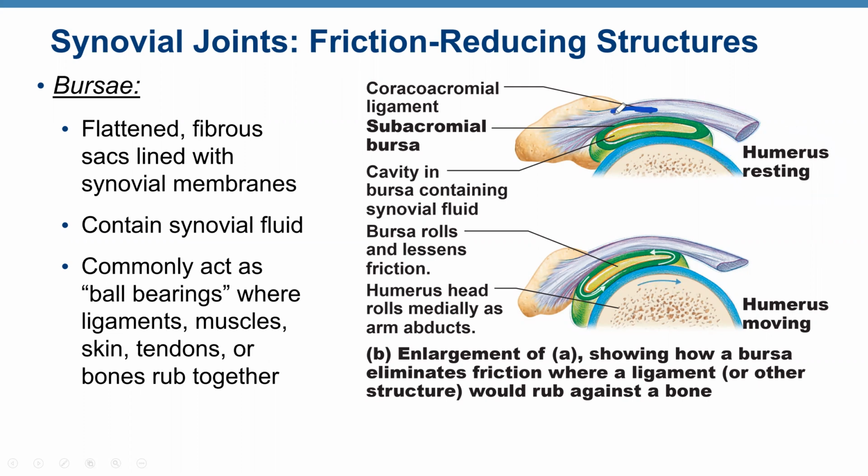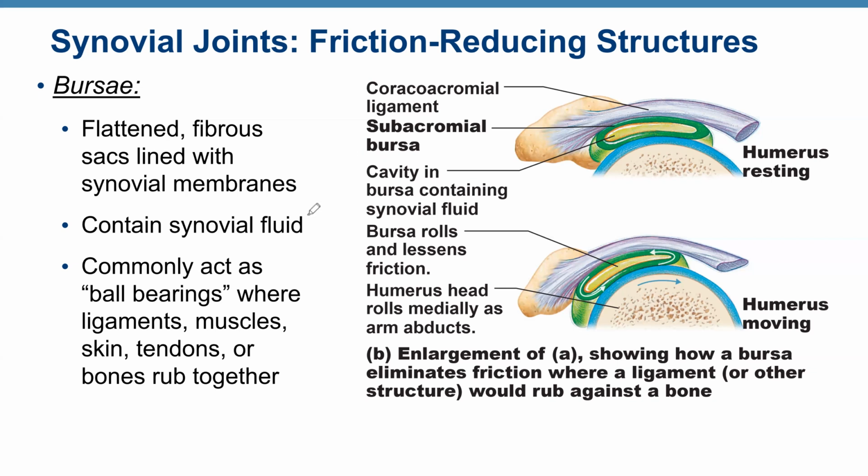And if this ligament would be right on the top of the head of the humerus on a bone, then it would be lots of friction and it can damage and tear this ligament. That's why we have this nice sac called bursa, and inside we will have a cavity with a fluid. So it's like a little cushion.